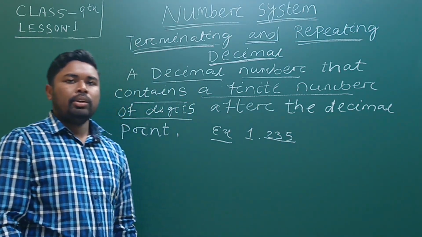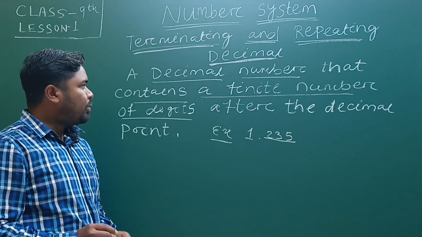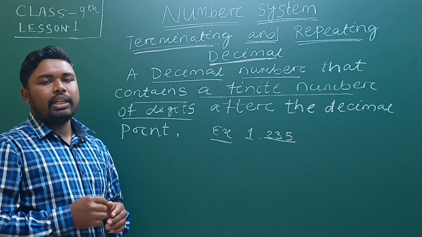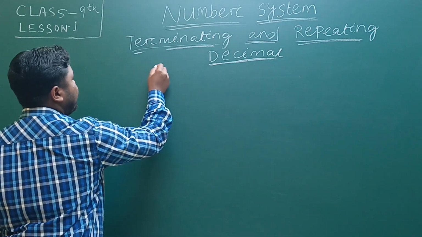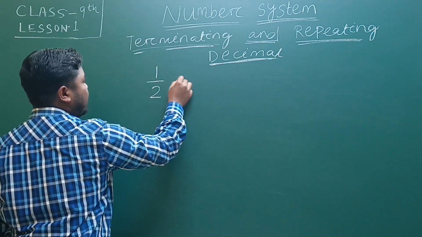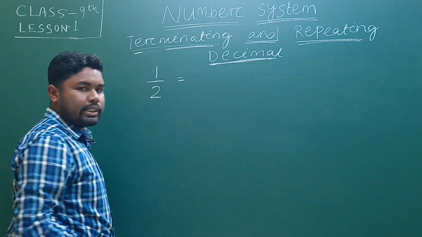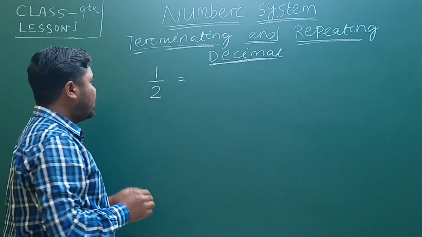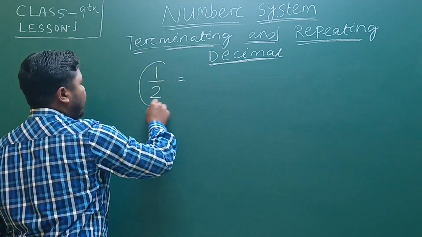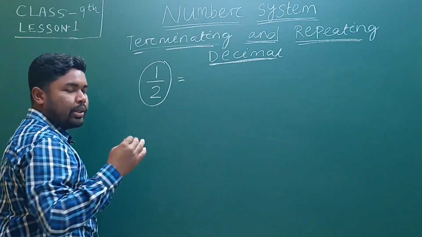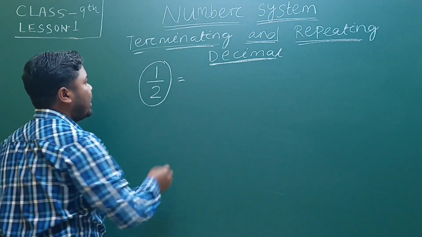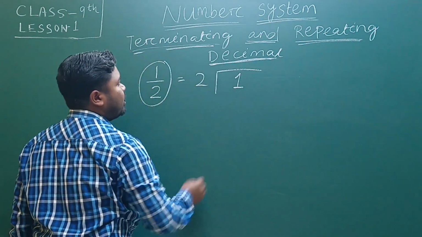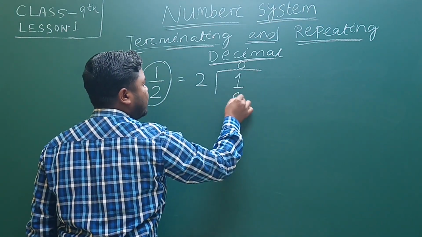Now we can take an example of a fraction that we can convert into a terminating decimal number. Here, 1 by 2. 1 by 2 is a rational number, which we already discussed in our previous class. If I solve this fraction into decimal form, what do I get? 2 divides 1. 2 zeros are 0.